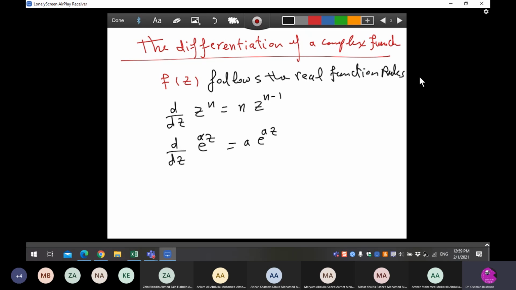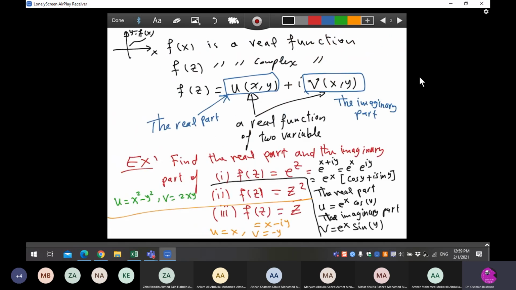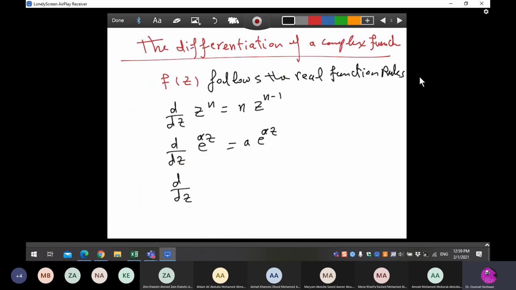Or you make it alpha, no problem. So don't worry about the derivative, because you know the derivative of the real function and you are lucky, you have the same. The point is, I split the complex function into two real functions. This is the main point.